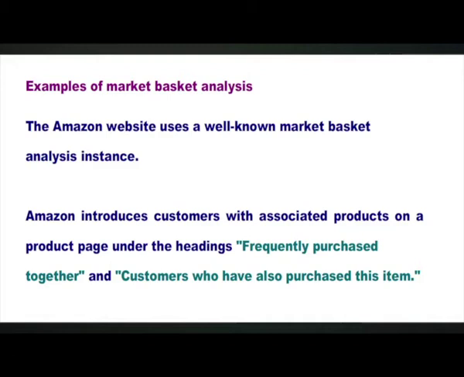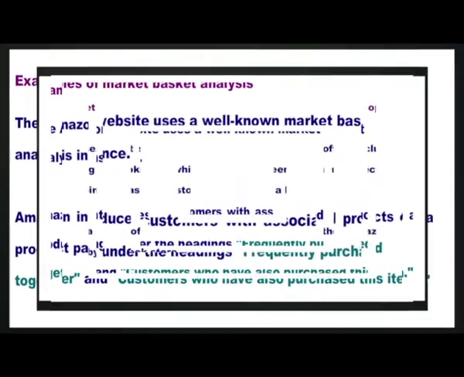Amazon presents customers with associated products on a product page under the heading frequently bought together, and customers who have bought this item also bought.